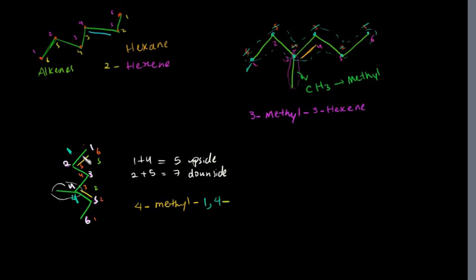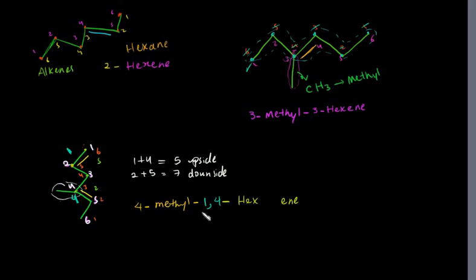Then I know that this chain consists of 1, 2, 3, 4, 5, 6 carbons. So it will of course be hex. As I know that it should be hexene, right? Hexene.